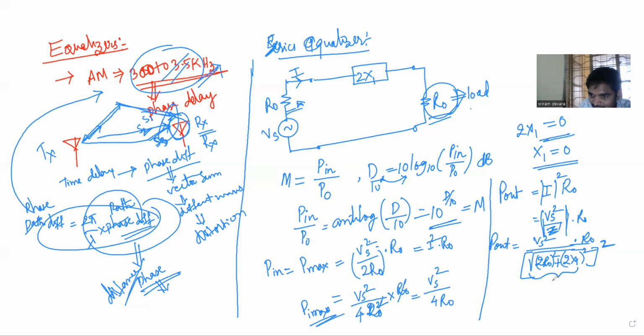Inside this value is the magnitude of Z. So the magnitude of Z square means this is squared. Now the square and this root get cancelled. So therefore P out is equal to Vs square into R naught divided by 4 R naught square plus 4x1 square.